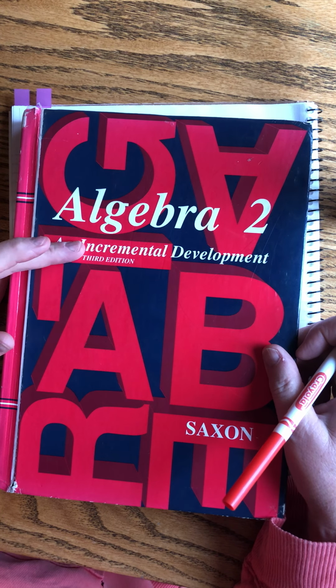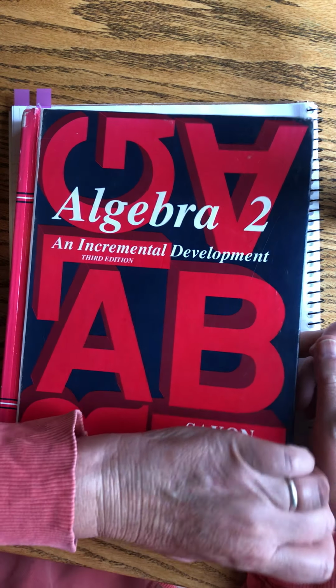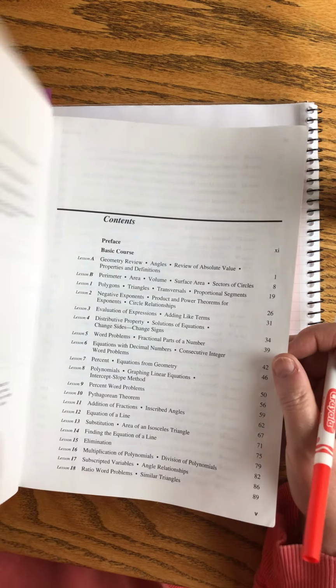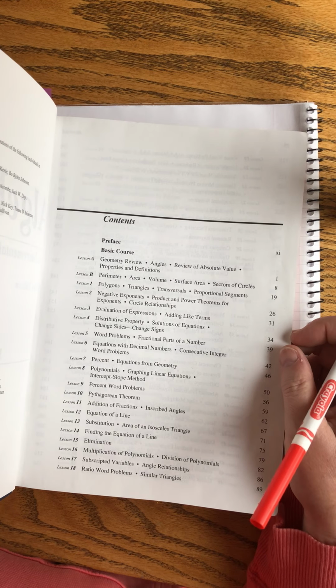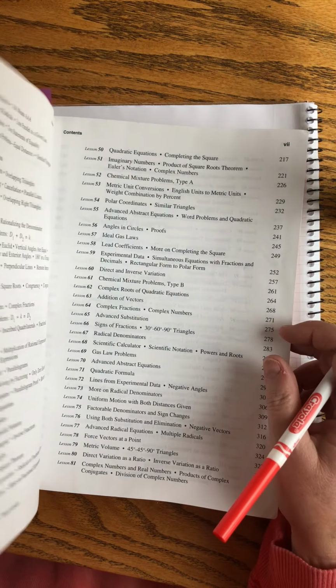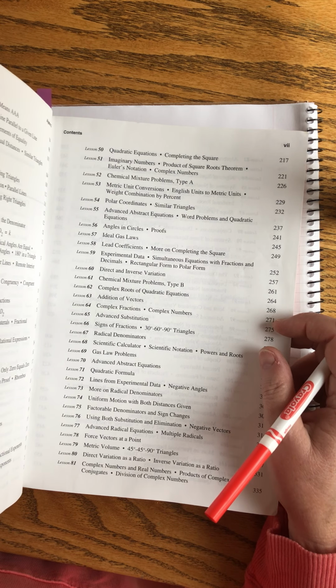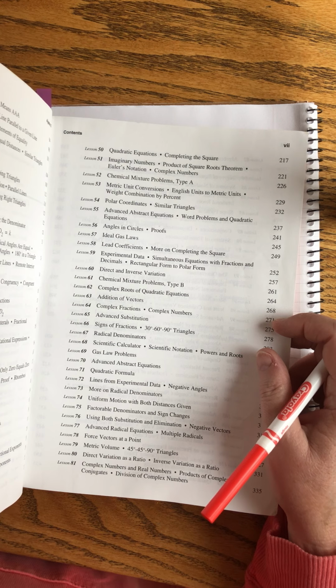I believe, I haven't studied this rigorously, but I believe that the difference between the second edition and the third edition has mostly to do with the order in which the lessons are presented. If you look in the front, there's a table of contents that lists all of the lesson numbers and their topics. And I think if you were to compare the table of contents for edition 2 to edition 3, you would find some differences.